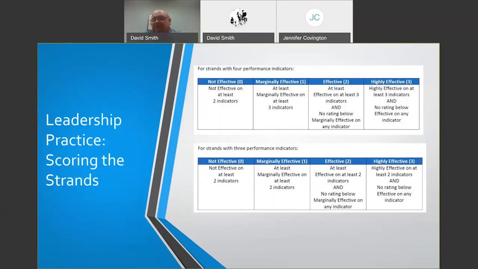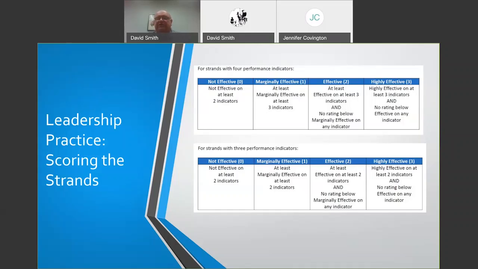Well, they'd be marginally effective because in order to be marked effective, they have to have 3 performance expectations that are marked effective. Not effective, they're marked not effective on at least 2 indicators. If that's the case, then they are not effective, and therefore they have performance that cannot be allowed to continue. You can see the same kind of thing for those with 3 performance indicators. So that's the way you score the strands.